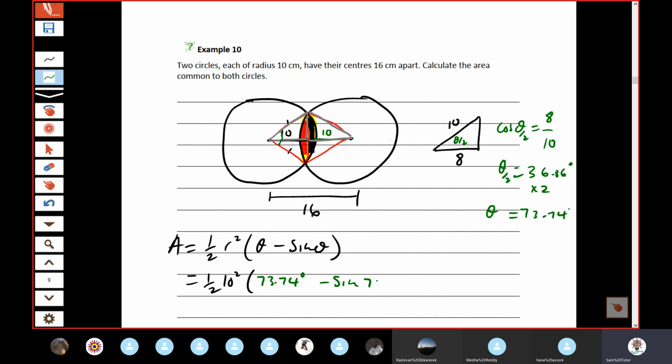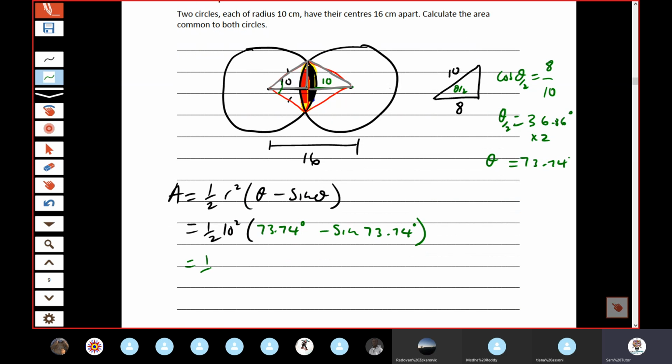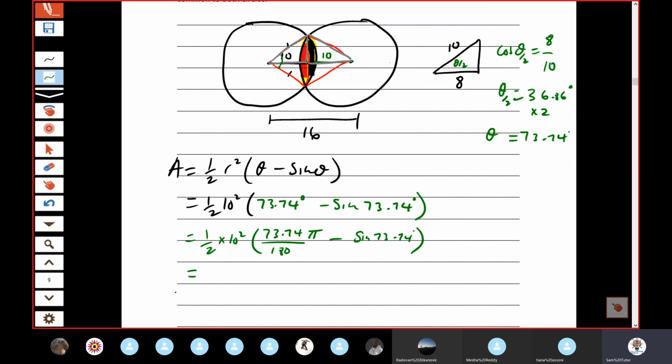Minus sine 73.74 degrees. So the answer is half times 10 squared, 73.74 divided by 180, put a pi. Minus sine of 73.74 degrees, which is 0.96, very nice, 24 over 25.